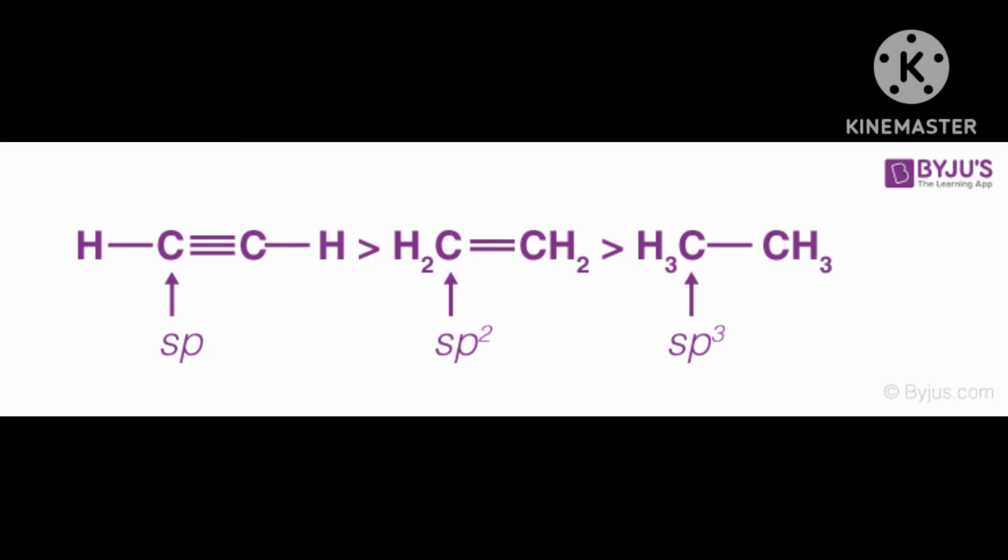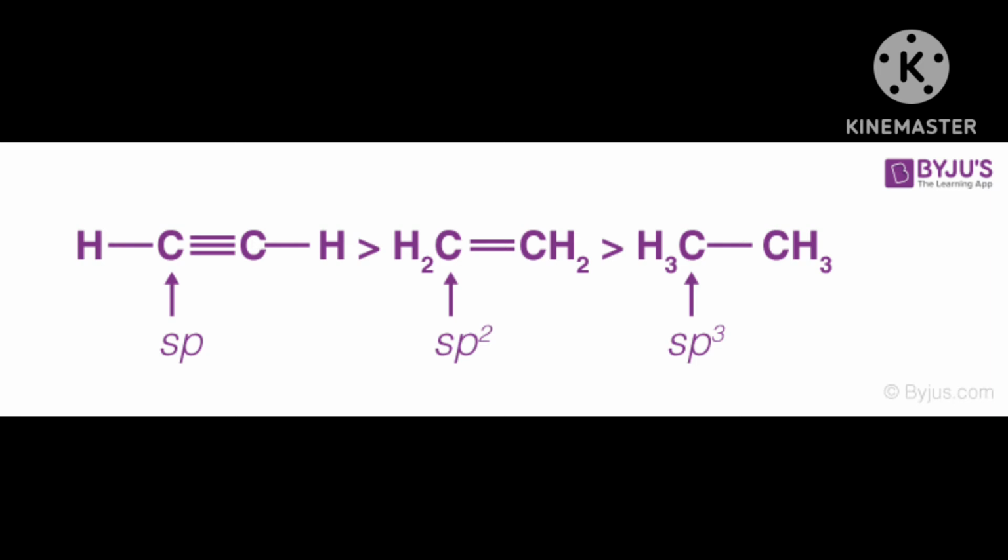Minus means nucleophile, or a species having a lone pair is also a nucleophile because it can donate electrons. So the nucleophile category will be HS minus, C2H5O minus, and (CH3)3N.